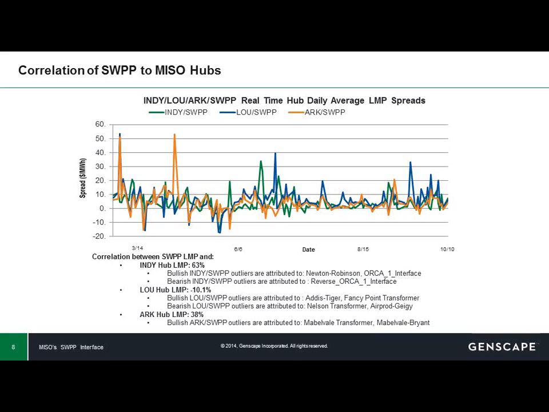For example, the Indy Swpp spread outliers were mostly attributed to bullish Indiana congestion, for example, around the Newton to Robinson area, or the Orca interface congestion, which we typically see in the real time. Second, for Louisiana Swpp spread, the outliers were mostly attributed to Addis to Tiger.